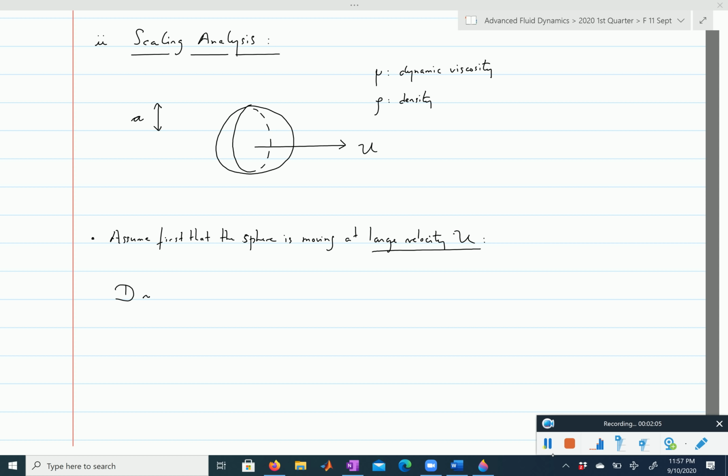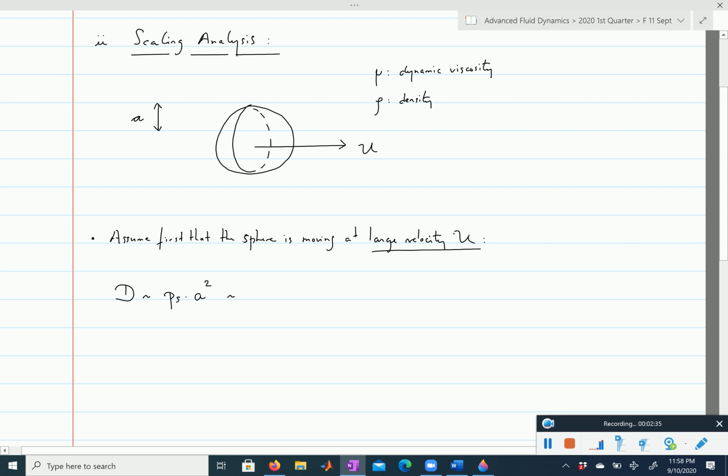So as the ball is advancing, the flow here is stopped, so it will scale with the static pressure times the surface of the sphere, so something which scales with the surface of the sphere. We don't really care too much about the constant, but the surface of the sphere will scale with a squared, our length scale squared.